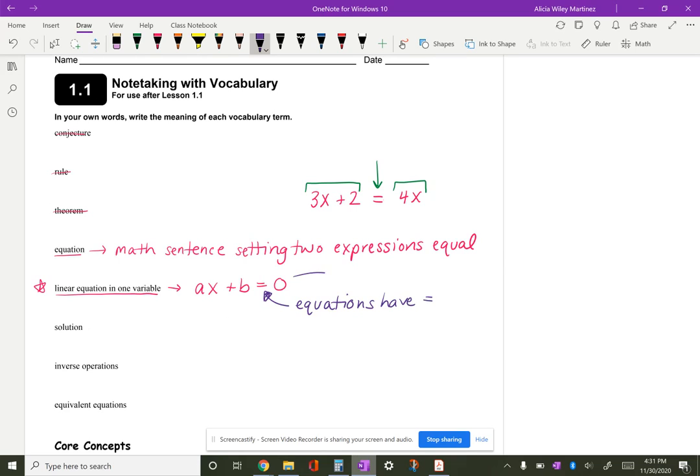The other thing about equations is that the directions often, I say often, not always, will say solve, meaning we find the value of the variable. Now, a solution to an equation is a value that makes the equation true.